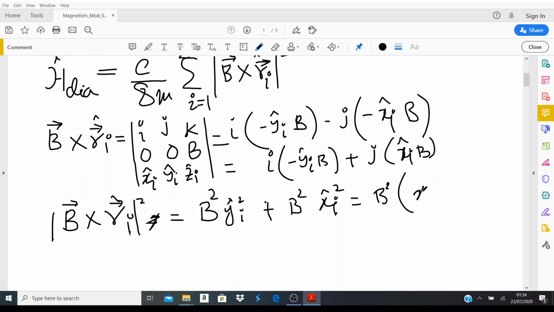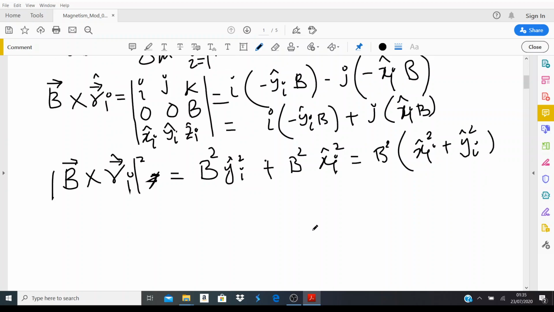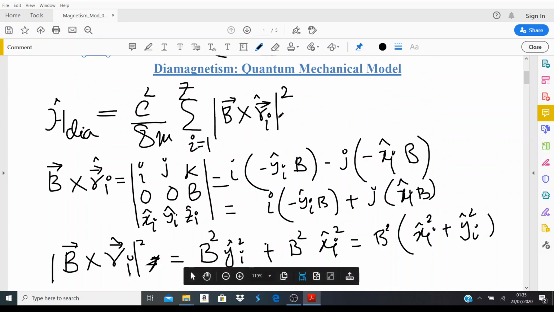Now let's put this value into the expression.